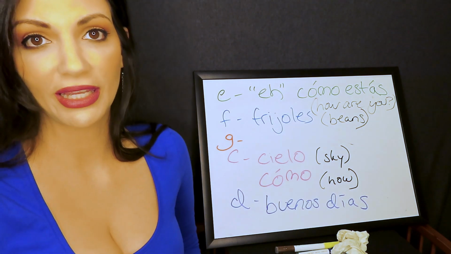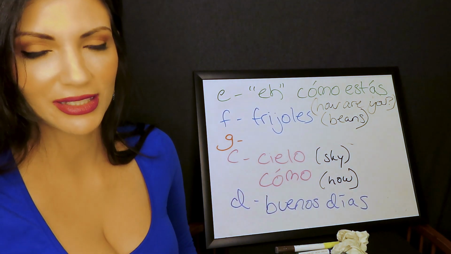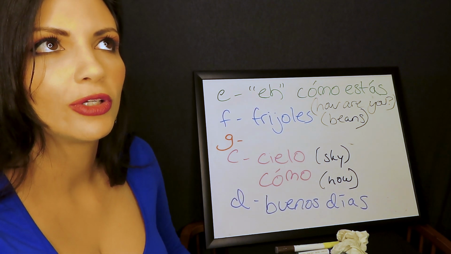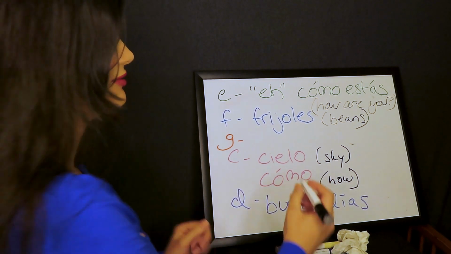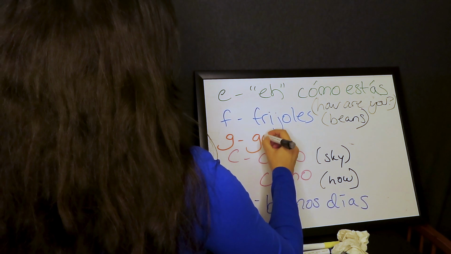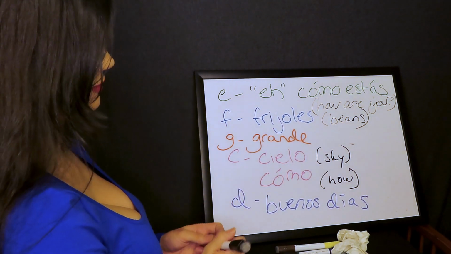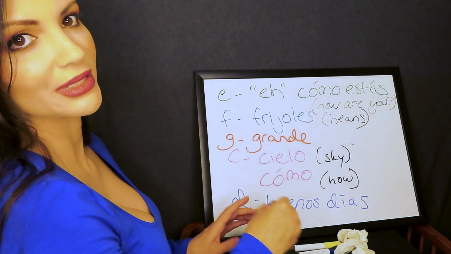G can also have a hard or soft sound. The hard G is used in words like grande, which means big.